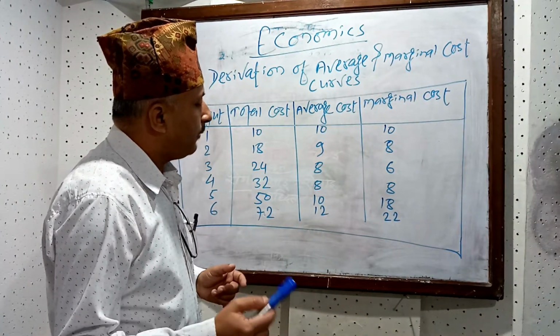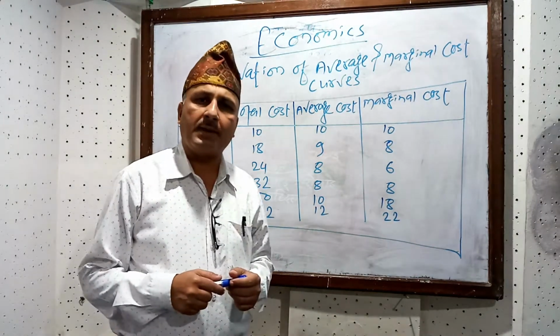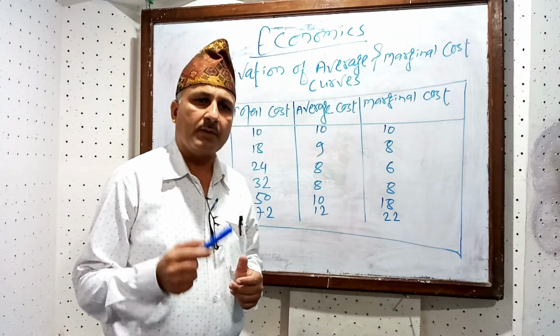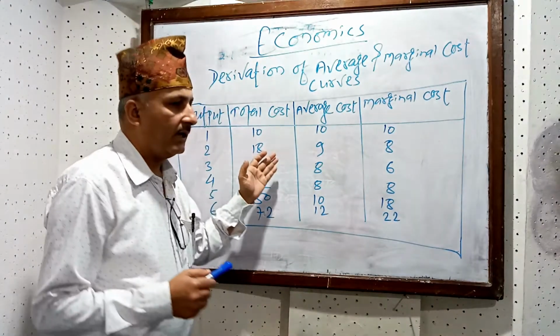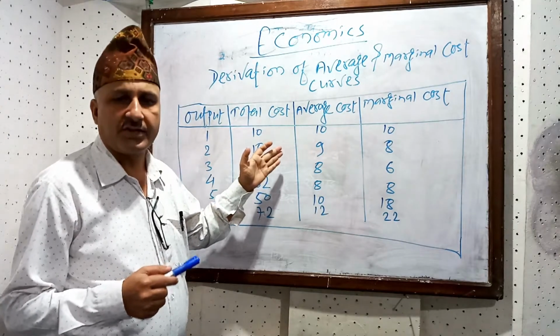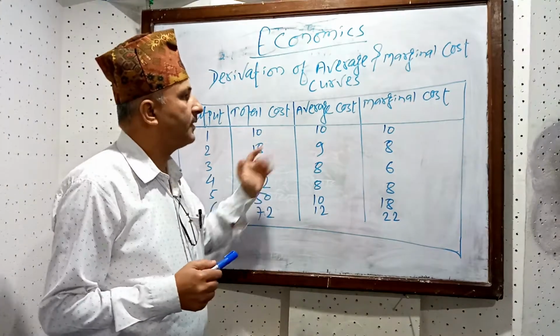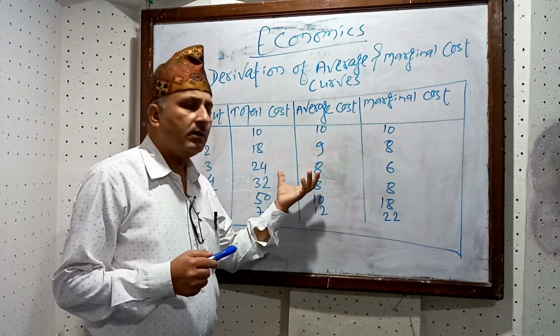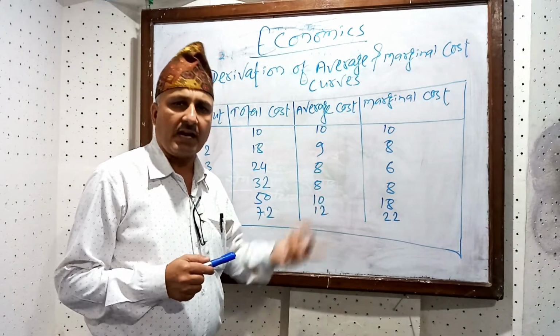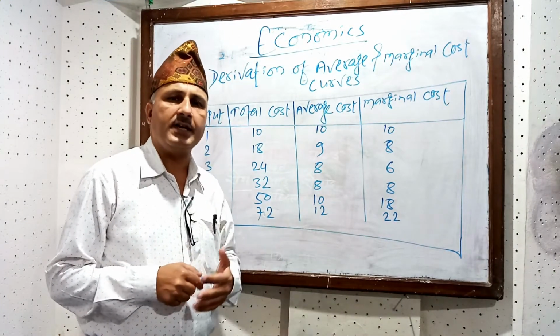For the derivation of the average cost curve and marginal cost curve, you must have the schedule. I hope you have got the schedule in your exercise book also. I had drawn this schedule in the previous class also, and the same schedule is here.